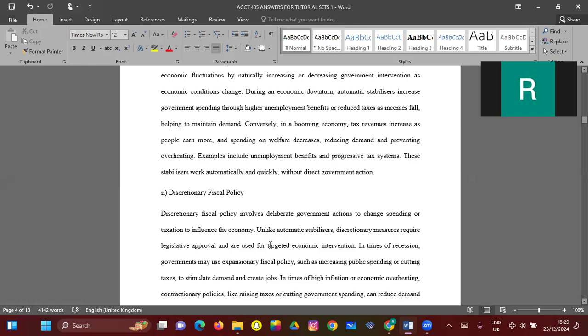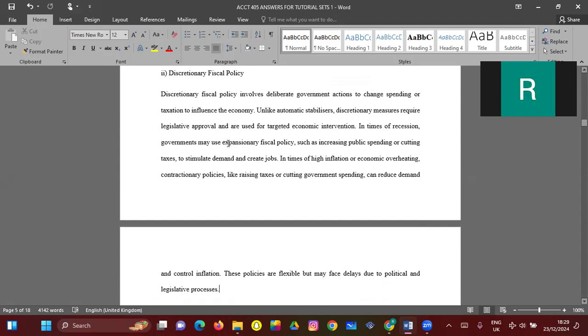You will put the measures in process and then Parliament is supposed to approve it, and they are used for targeted economic intervention. In times of recession, governments may use expansionary fiscal policies such as increasing public spending or cutting taxes to stimulate demand and create jobs.